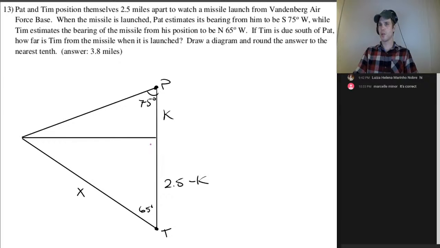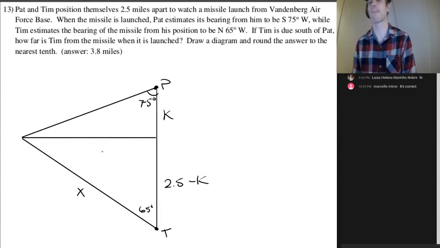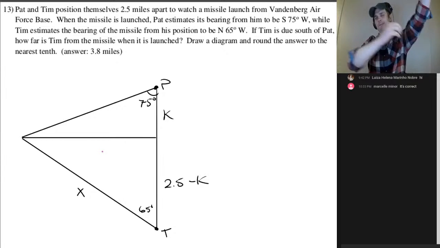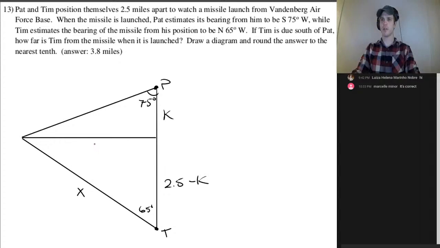So what do we know? These share a side, and it's this H here.